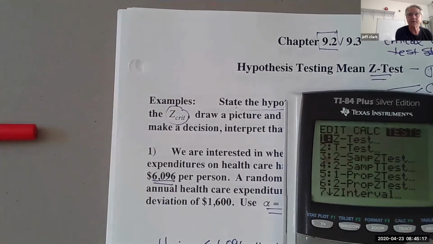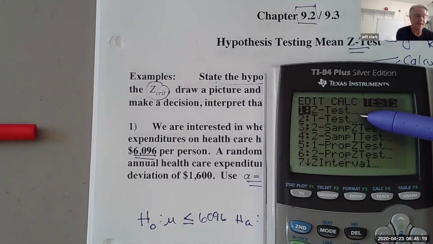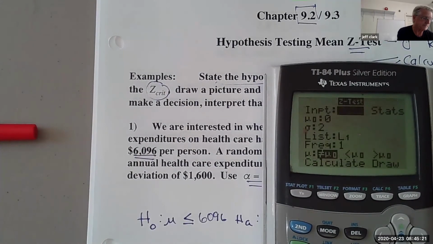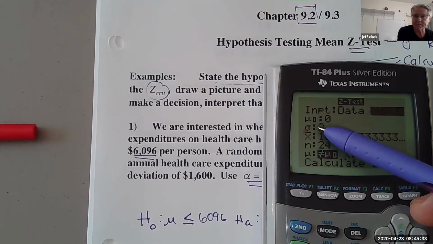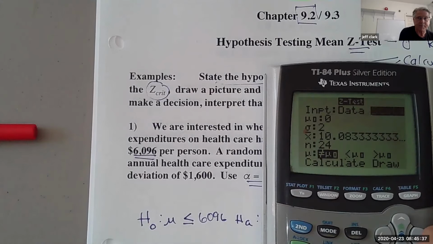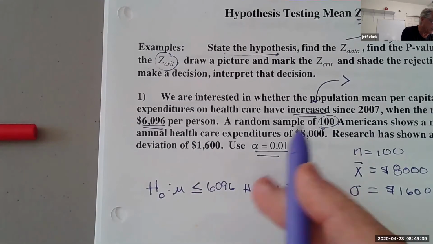Number one, the Z-test. So hit that. And now the question is, do you have raw data, which I don't. Therefore, I've got statistics, so I'm going to hit Stats. It gives you prompts. Now, mu sub naught is basically the given population average that you have, which is this one here.